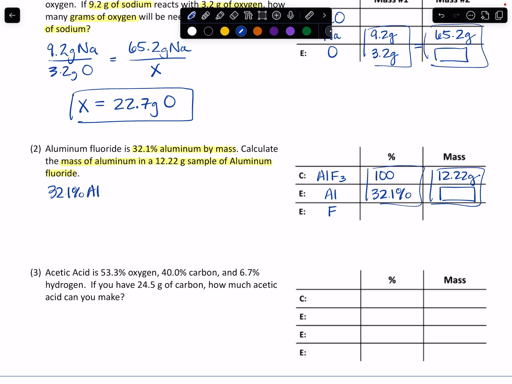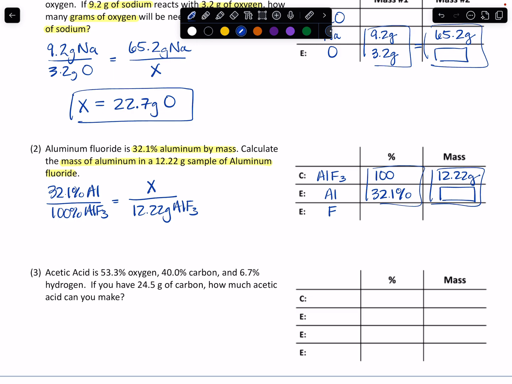So once again, here are our ratios. 32.1% of aluminum in 100% of that compound has to be equal to an unknown mass of aluminum present in 12.22 grams of that compound. Now if you want, you could have left it just as it is. 100 over 32.1 equals 12.22 over X. It's going to work out the same way.